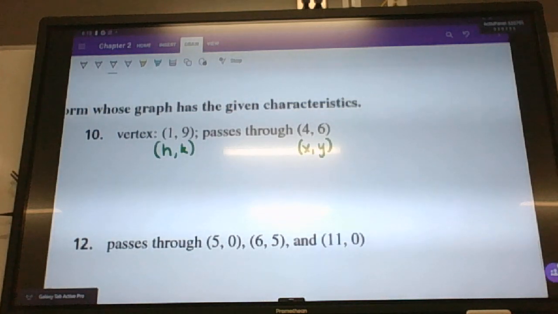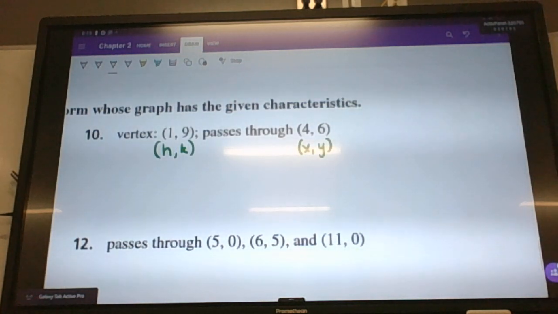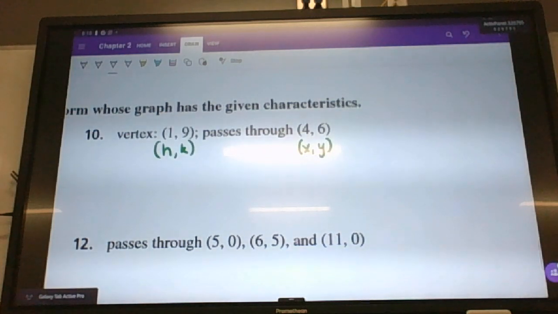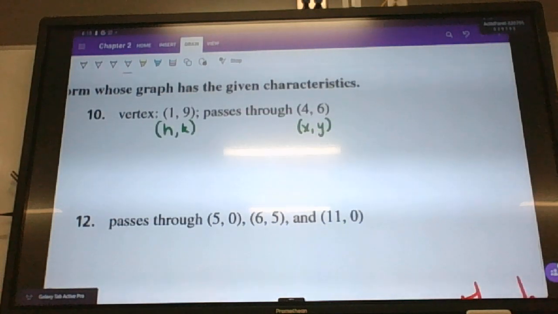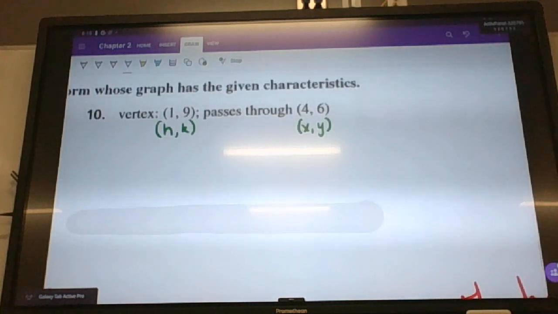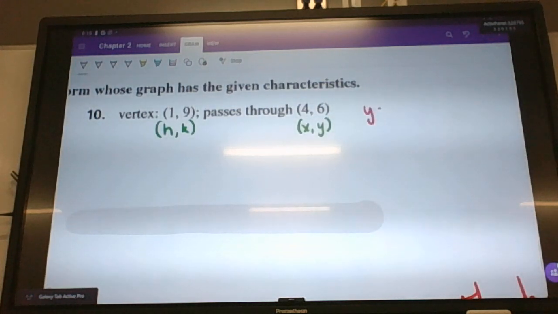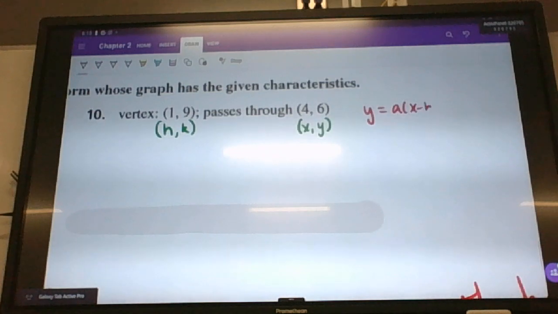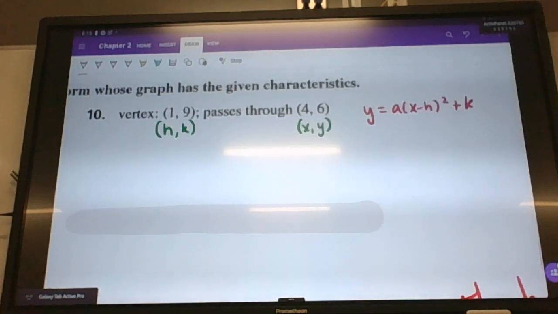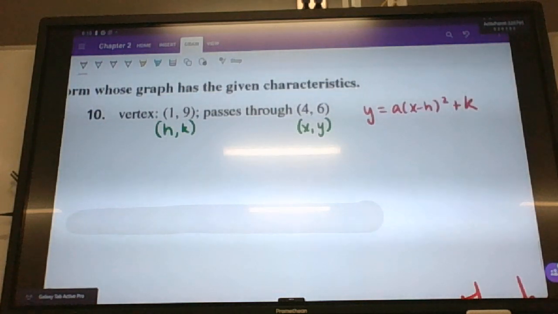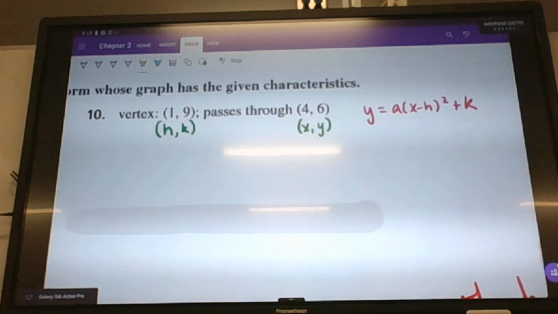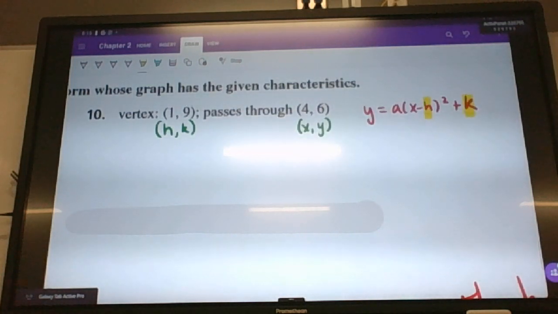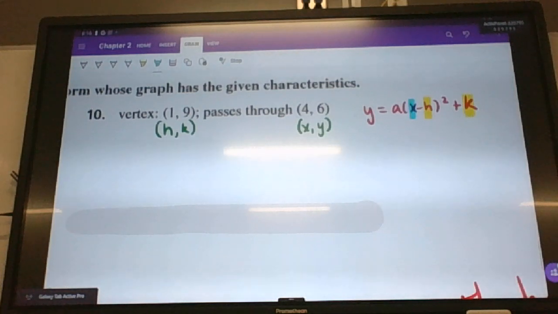They say, instead of a table, they're straight up telling you what H, K, and X, Y are. So we write them all down, and we're going to put the H and the K in, and we're going to put the X and the Y in.